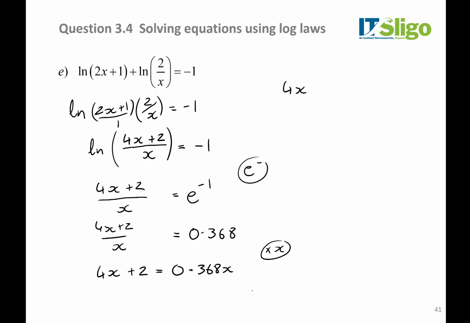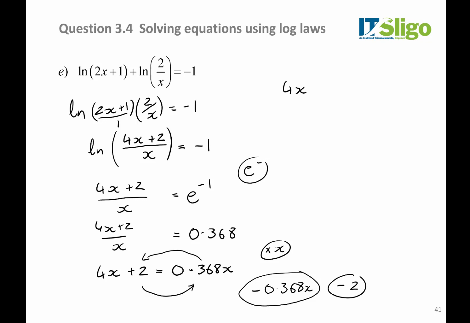And now I want to gather all the x terms together. So I'm going to subtract 0.368x from both sides. And at the same time, guys, I'm going to bring the 2 over to the other side, so I'm going to subtract 2 from both sides. Essentially, one is going to move over to the left and one is going to move over to the right.